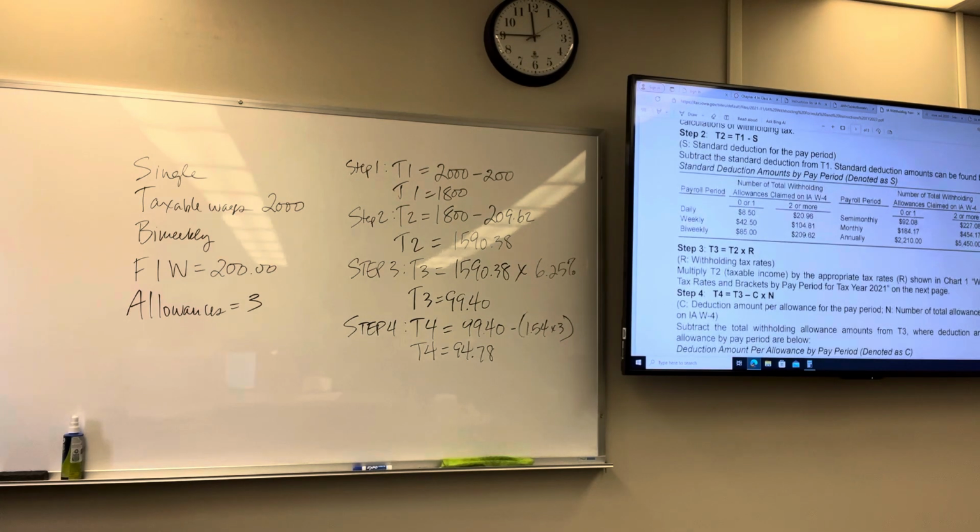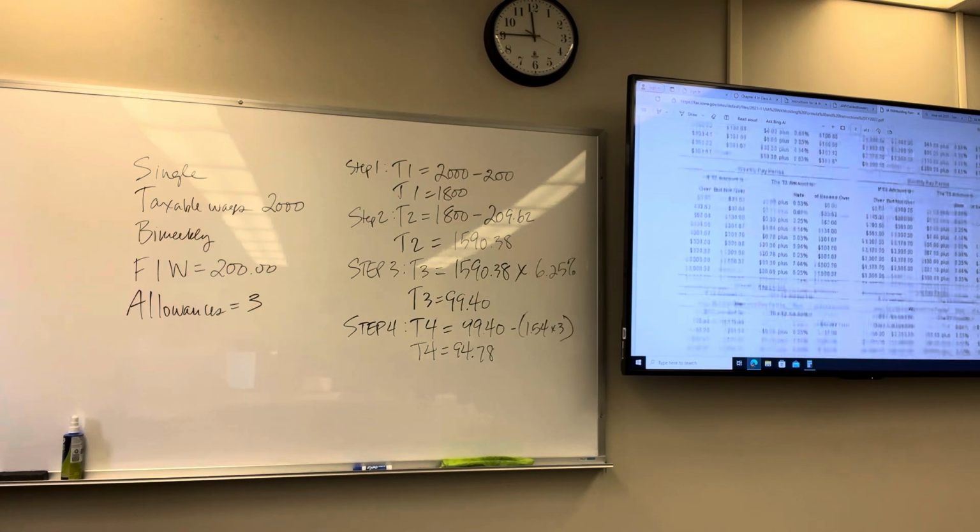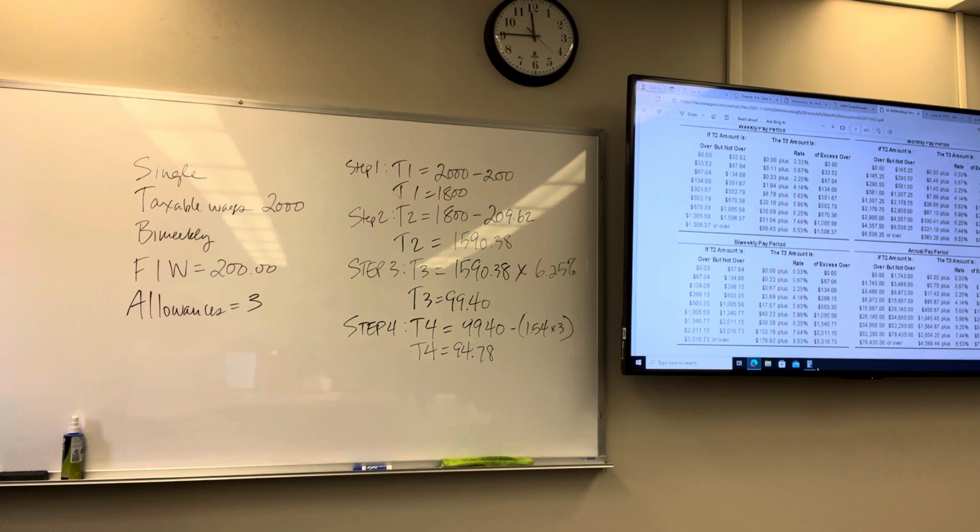That's kind of strange wording there. Times the withholding tax rates. Anyway, so it's very similar to what we did before. I want to see if this comes out to be the rate. So 60.20, 1340.77 minus 1560, plus 60.20, 75.